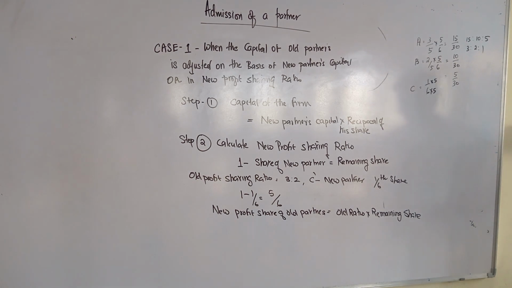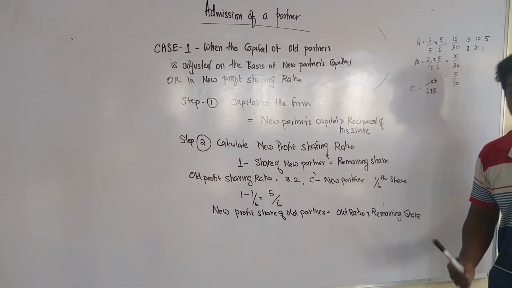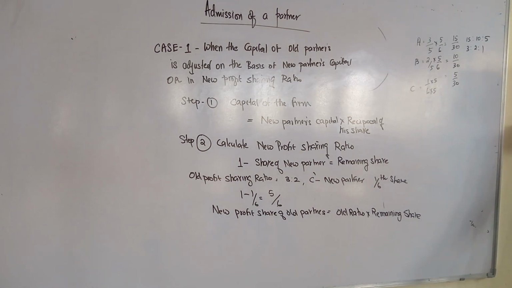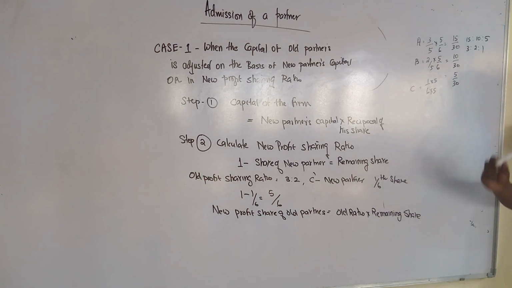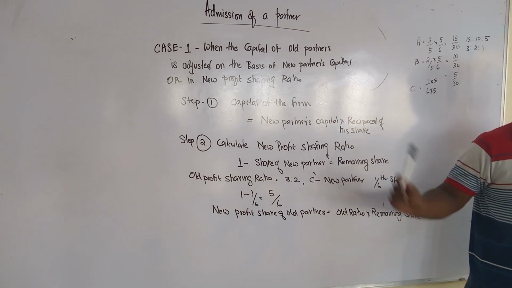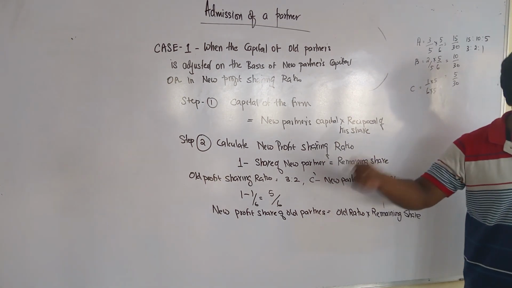Okay. So I'll again repeat. In this case, first we find the capital of the firm. How do we find the capital of the firm? It is the new partner's capital into reciprocal of its share. Second, what? We need to find the new ratio. We can't use the old partners' ratio for the new capital, so you have to find out the new profit sharing ratio.